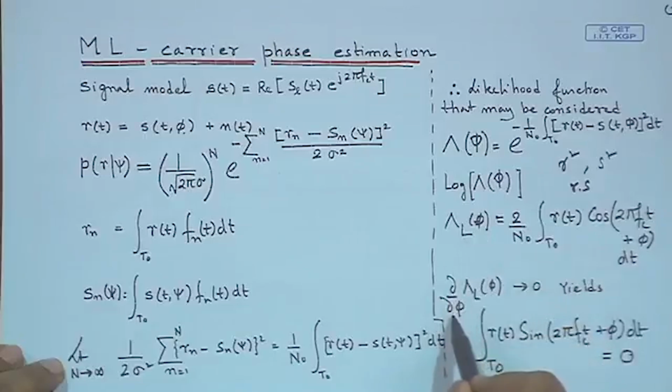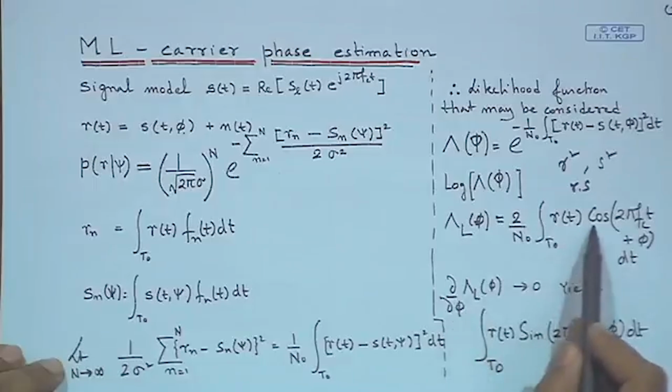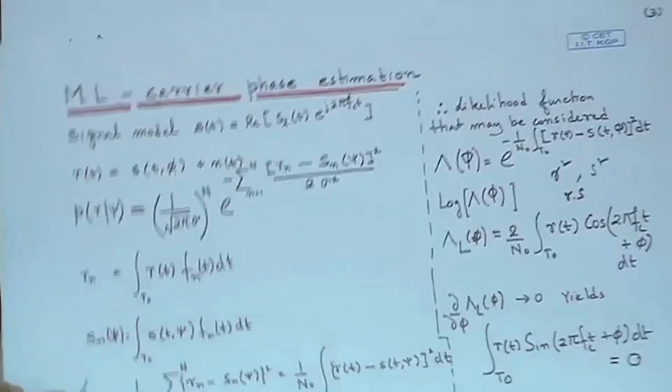So, you write the derivative of the log likelihood function with respect to the phase set to 0 yields the solution. That means, we could say that the derivative, which is integrate over the period T0 of r(t), when you take the derivative of this, cos becomes a sine, you get the expression which looks like this.